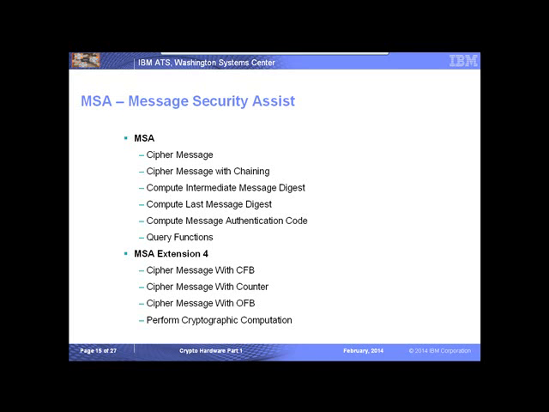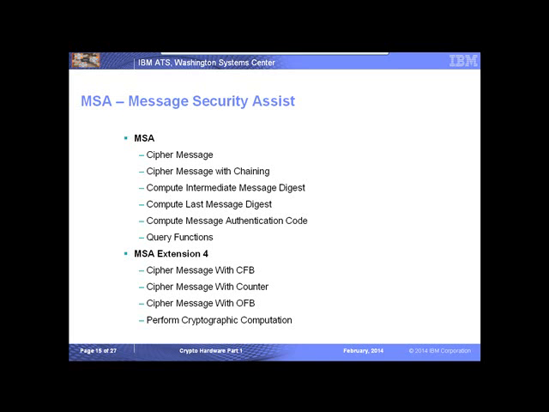So the cipher message is the KM instruction. It works a little bit like the move character instruction. With move character, you point to storage location 1 and storage location 2, and the instruction will move data from location 1 to location 2. With the KM instruction, you point to a storage location where your clear text is, you point to another storage location where your ciphertext will go.